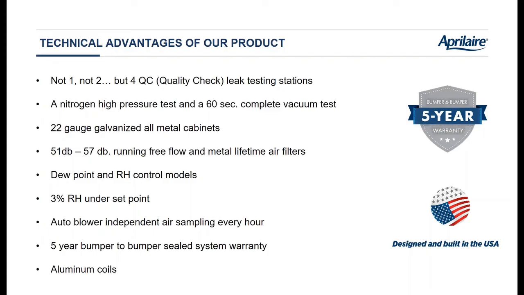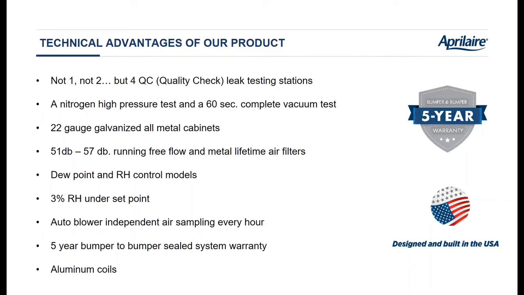5-year bumper to bumper sealed system. So in that 5 years, any parts that fail, we would replace. If it's a sealed system failure, if our tech support group determines it's the compressor or refrigeration system within that 5-year period, tech support, when they determine that, will authorize the whole unit to be replaced.